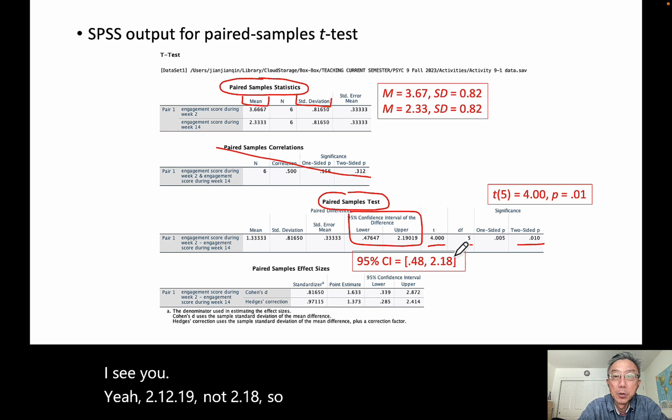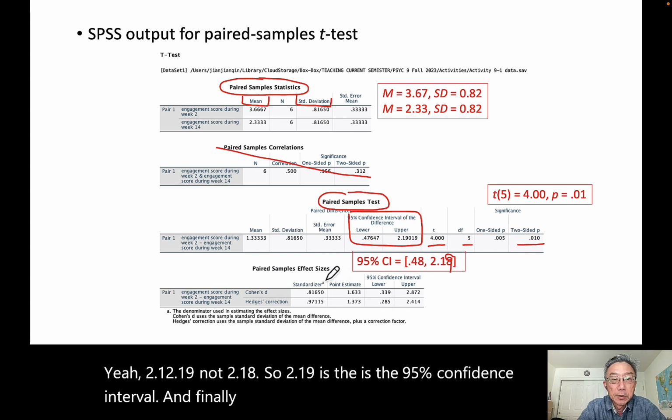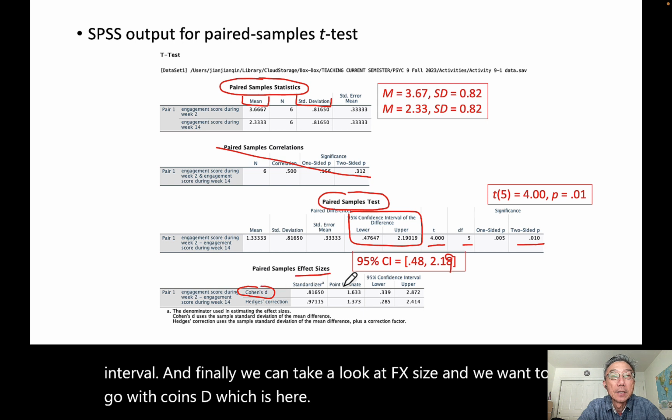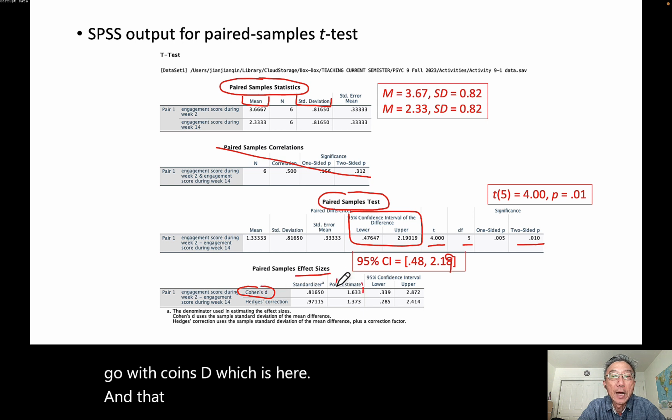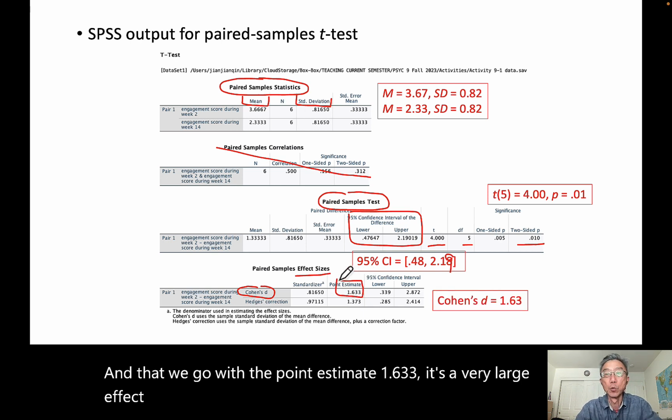So 0.48 to 2.19 is the 95% confidence interval. And finally, we can take a look at effect size. We want to go with Cohen's d, which is here, and we go with the point estimate, 1.633. It's a very large effect. So Cohen's d in this case equals 1.63.